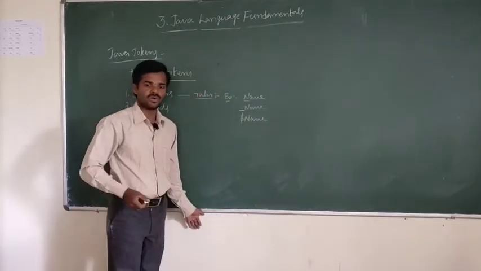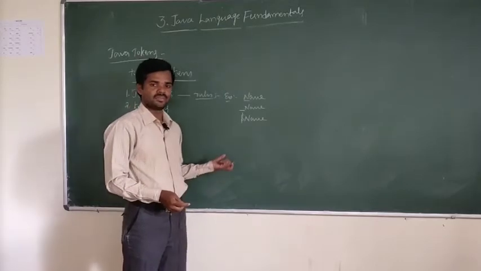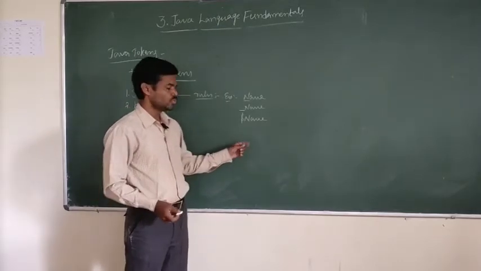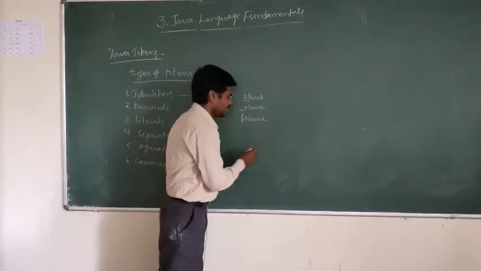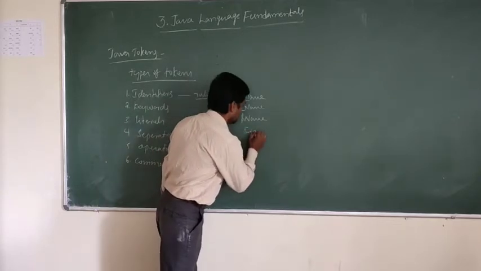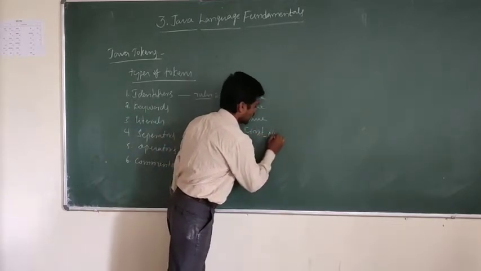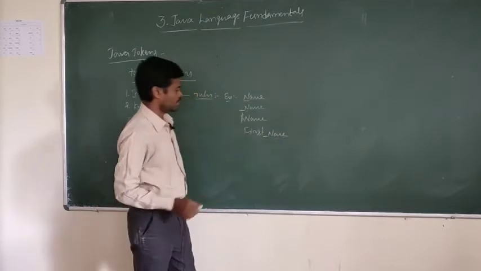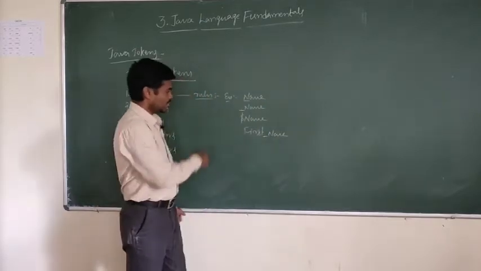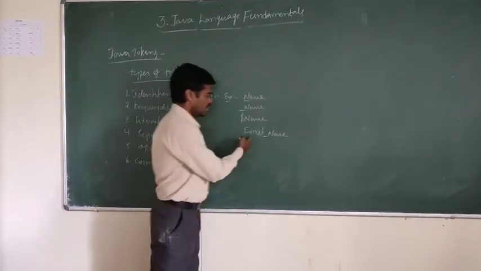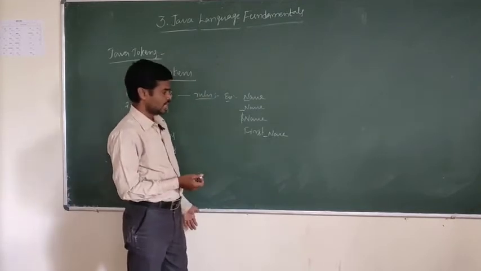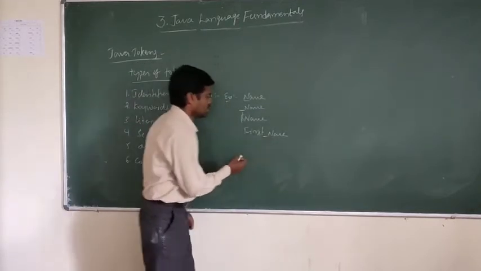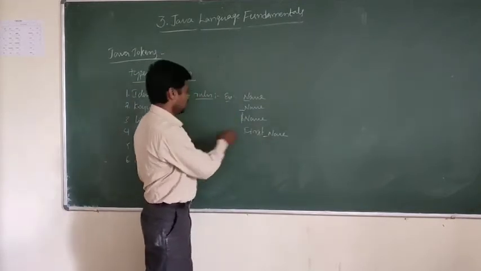Suppose the identifier name is too long, then it has to be connected with an underscore. For example, first underscore name. Then identifiers can also contain a set of letters, digits, and the dollar symbol.